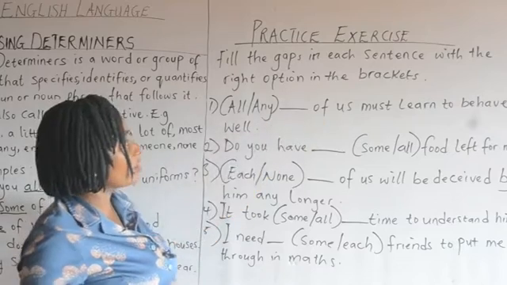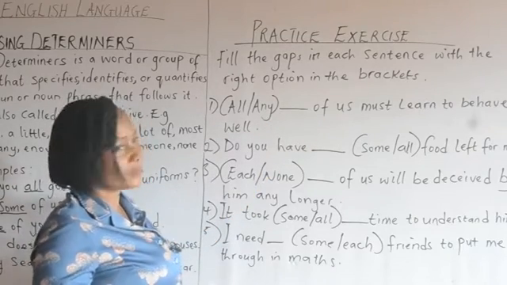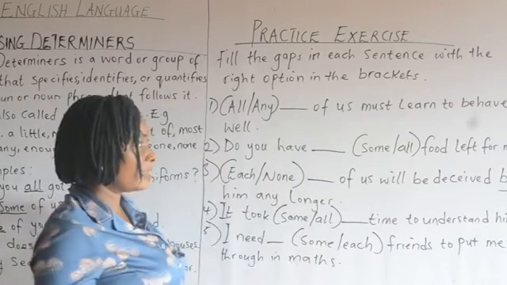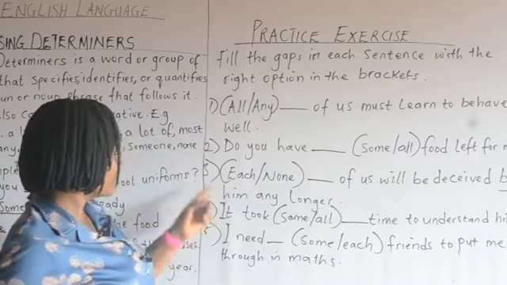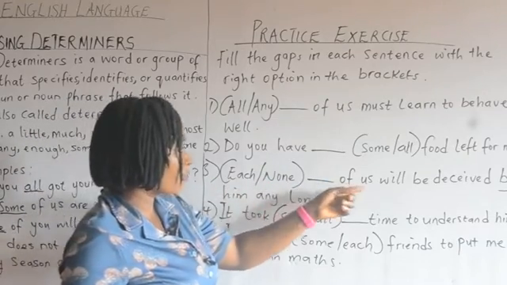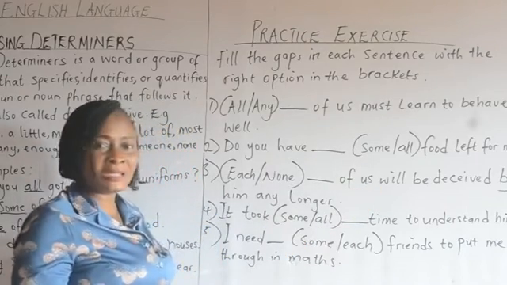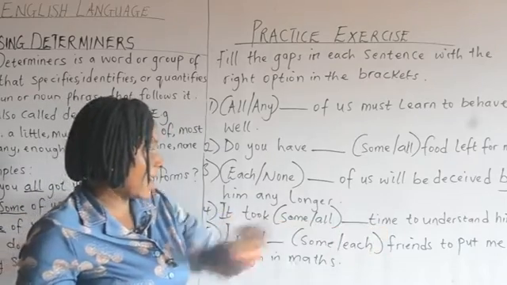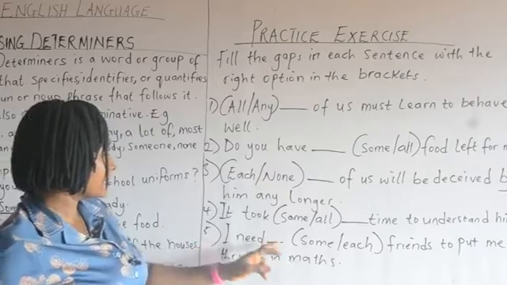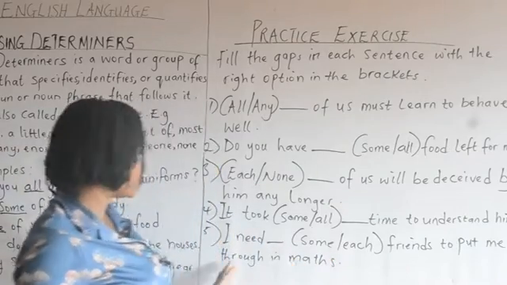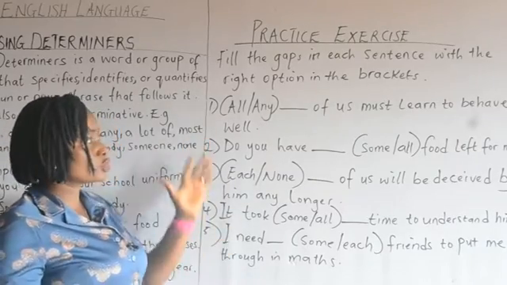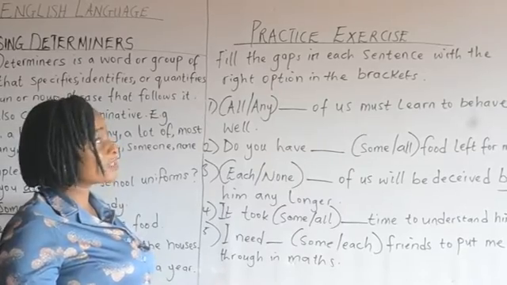So dash, all of us must learn to behave well. 2, do you have dash food left for me? 3, each or none dash of us will be deceived by him any longer. 4, it took dash time to understand him. I need dash friends to put me through in maths. It's quite simple, isn't it? You have the options, so choose the best or the right option in the brackets for your practice exercise.